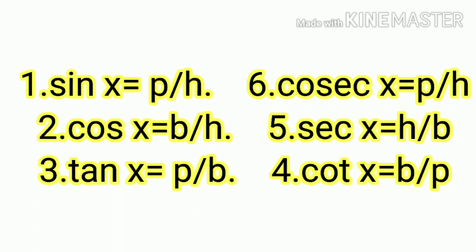In this way, cos of angle x is equal to b by h, tan of angle x is equal to p by b, cot of angle x is equal to b by p, sec of angle x is equal to h by b, and cosec of angle x is equal to h by p.